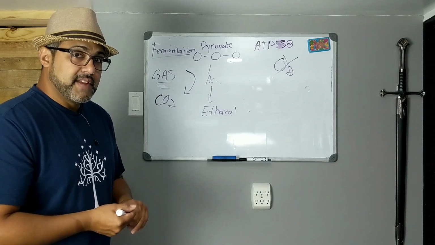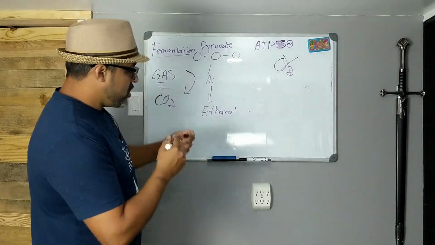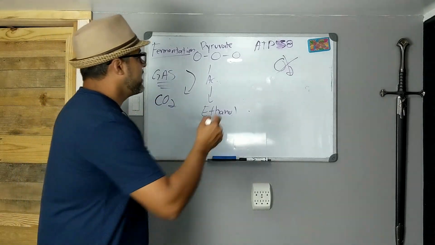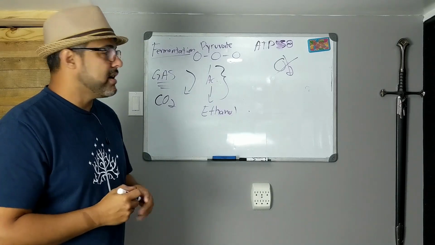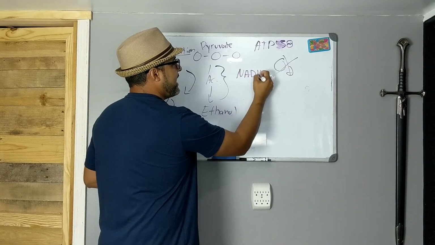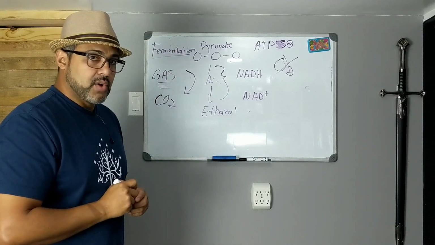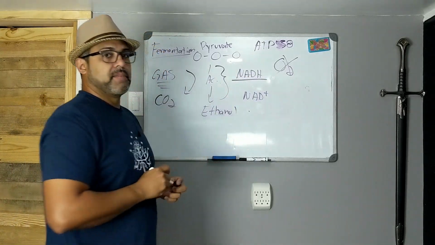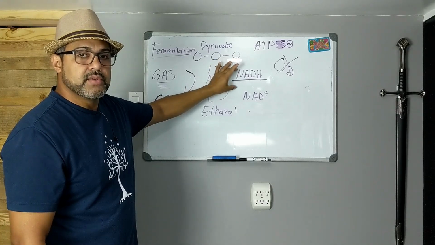The other important thing that's happening here, and this is going to be even more nerdy, is that in order for this fermentation to happen, during this process there are 2 main molecules that are super important. It's this coenzyme that is called NADH and NAD+. Okay? So at this point, we have a lot of NADH. We have these molecules that are called the reduced form, or reduced molecules.